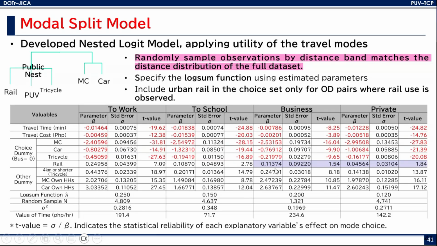The samples of public travel behaviors are randomly sampled by distance band so that they match the distance distribution of the full data set. It means that not all samples are selected.